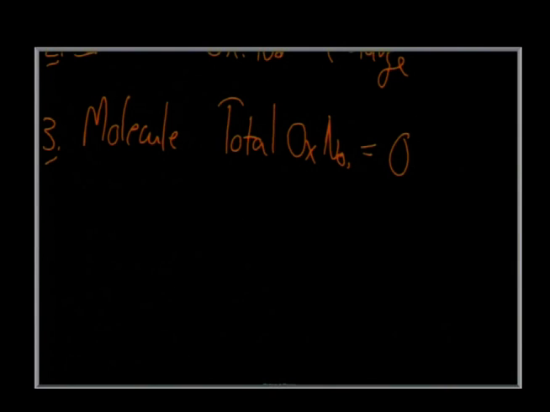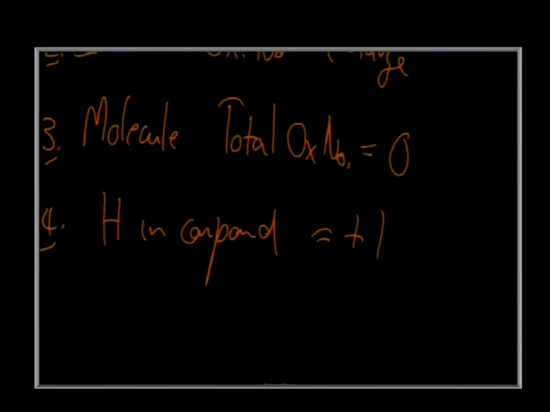And the last one, sometimes gets us out of jail, hydrogen in a compound has an oxidation number equal to +1. And the last one, oxygen in a compound has an oxidation number in most cases of -2.